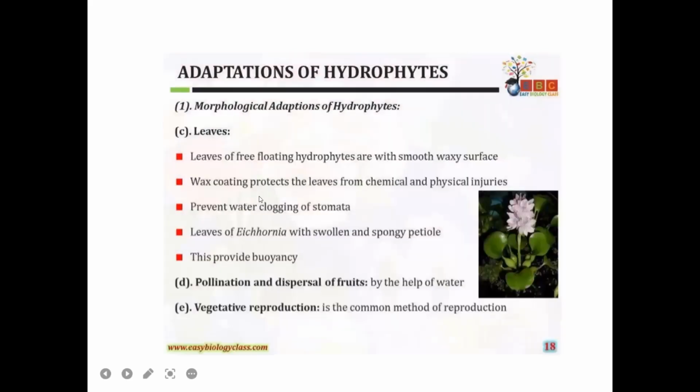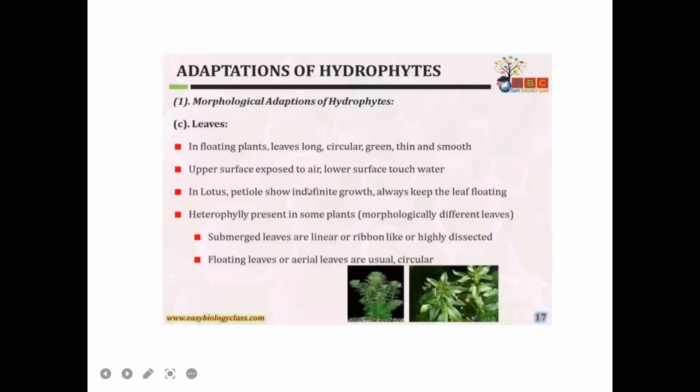In lotus, the petiole shows indefinite growth. That is, the petiole is very long and always keeps the leaf floating. In hydrophytes, heterophylly is also seen in some plants. Heterophylly means morphologically different types of leaves are seen, two types of leaves on the same plant: submerged leaves and floating leaves.